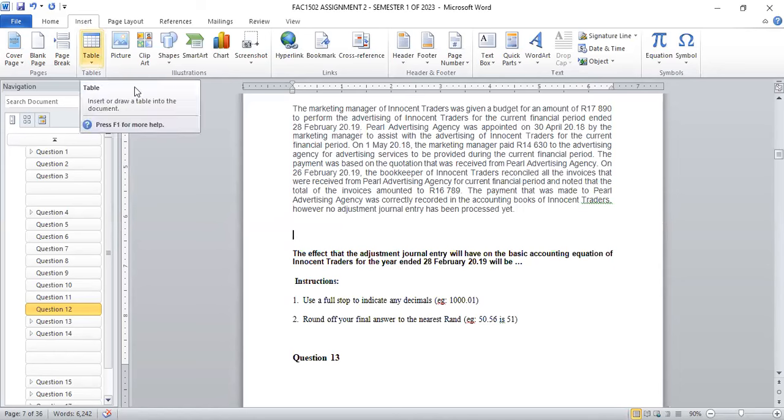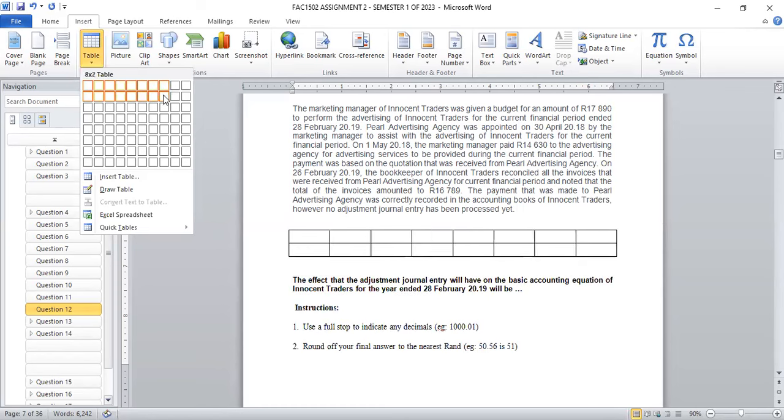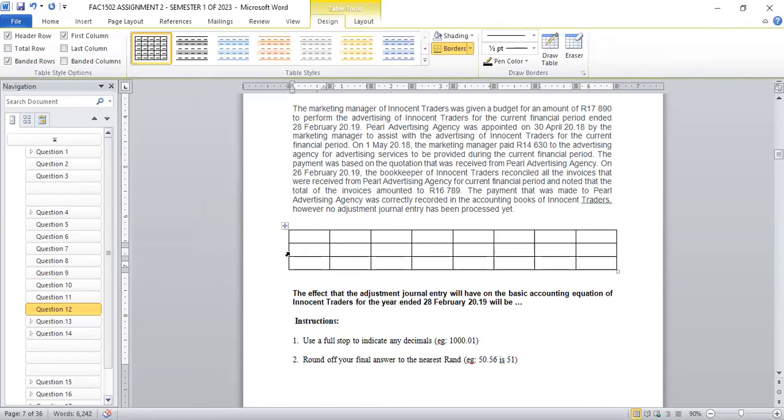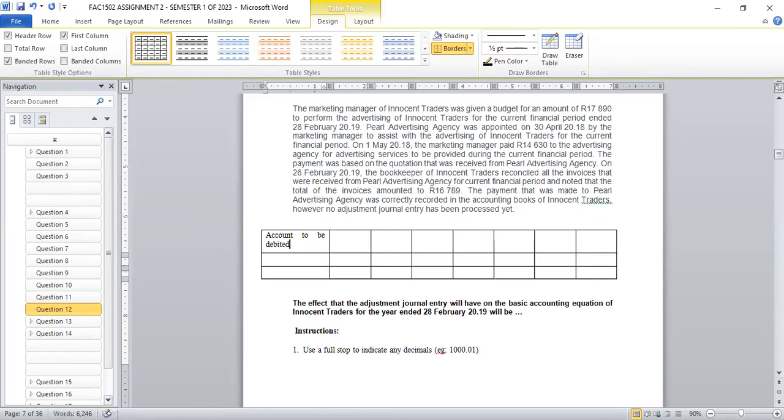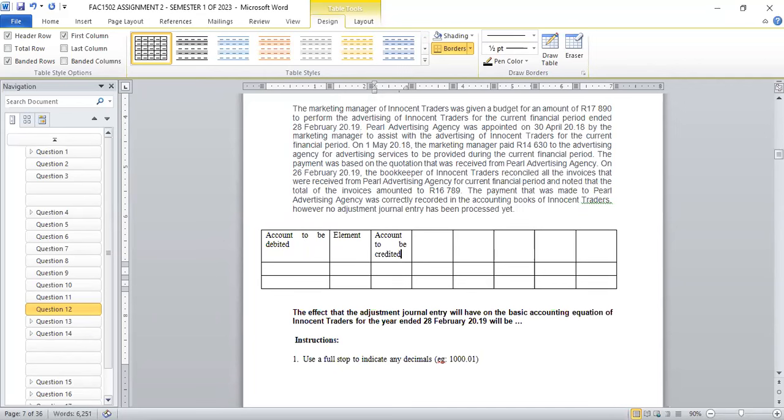We'll have our account to be debited, then its elements, account to be credited, elements, then amount, then assets, equity, then liabilities.